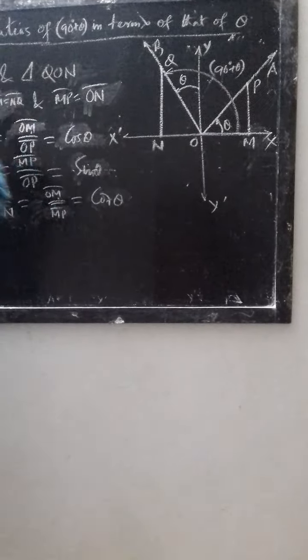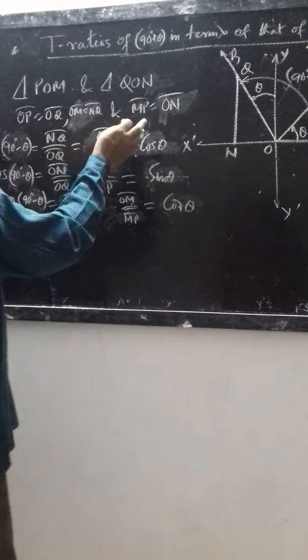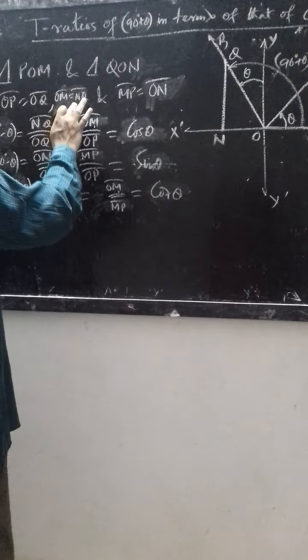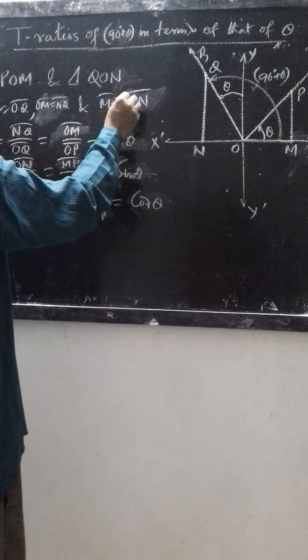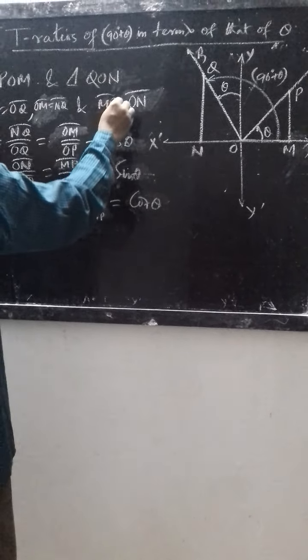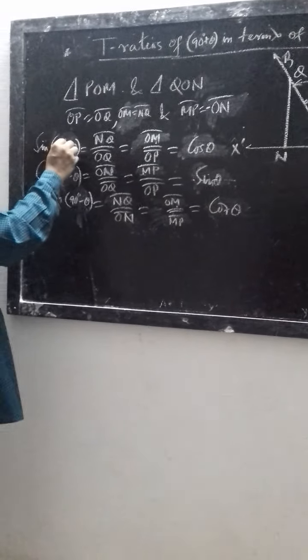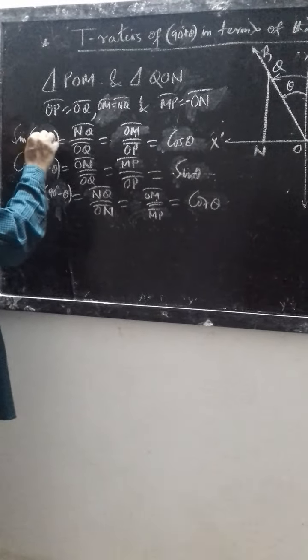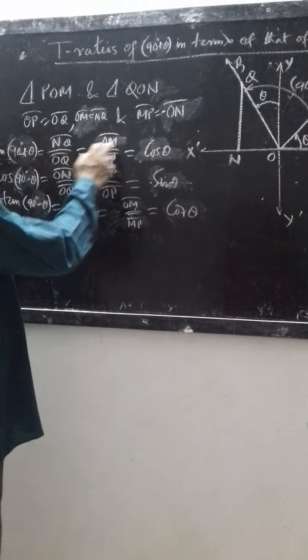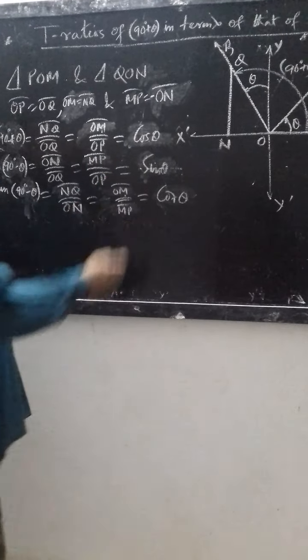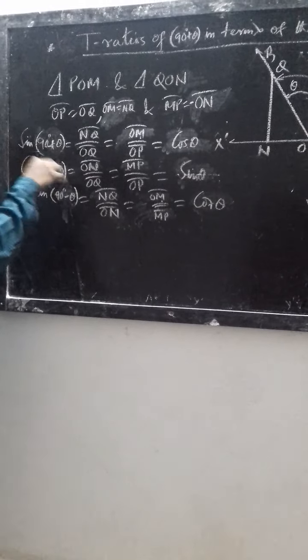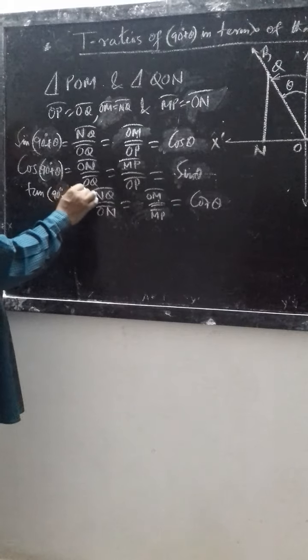So two triangles POM and QON are congruent. So OP equal to OQ, OM equal to NQ, and MP equal to minus ON. Now sin 90 degree plus theta equal to NQ by OQ, NQ equal to OM and OQ equal to OP. This equal to cos theta. So sin 90 degree plus theta equal to cos theta. Now cos 90 degree plus theta equal to ON by OQ.